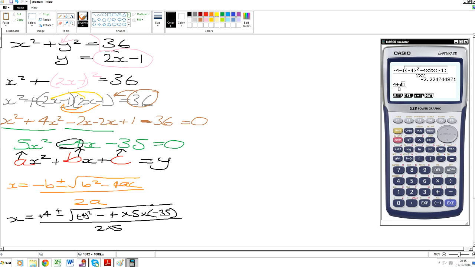And then we do minus 4 squared: little bracket, minus 4, close bracket, squared, take away 4 times by 5 times by bracket minus 35. So what we see here is what we type in exactly, even though we might know a simpler way of writing it. Replay, get to the bottom, and then the bottom goes 2 times by 5 equals. So ladies, what do we get for the first answer?